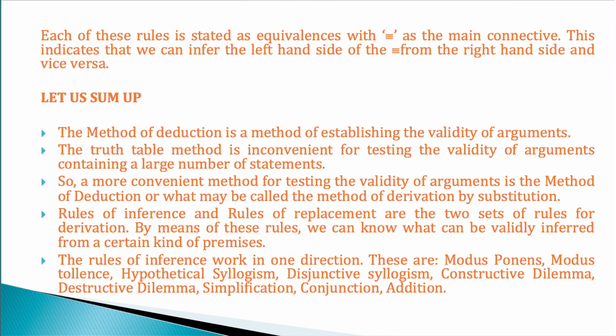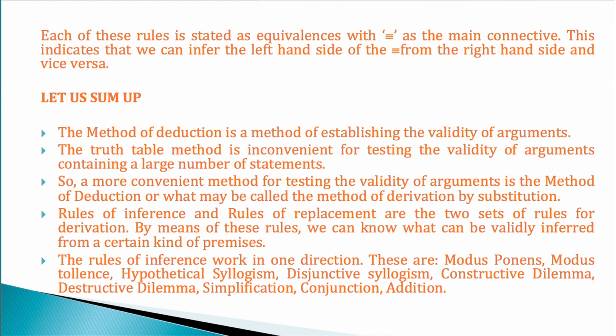So the basic points discussed in this unit are: the method of deduction is a method of establishing the validity of arguments. The truth table method is inconvenient for testing the validity of arguments containing a large number of statements.